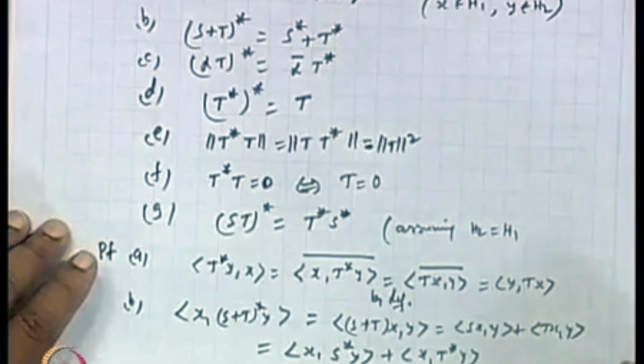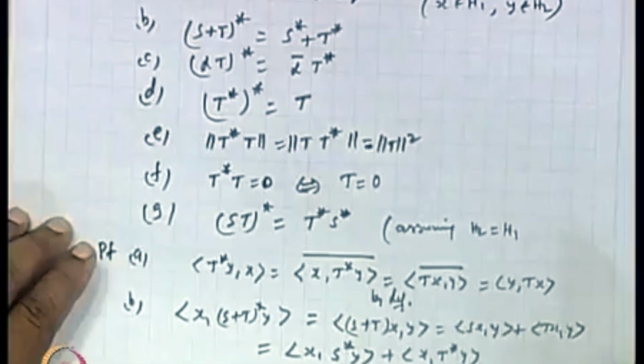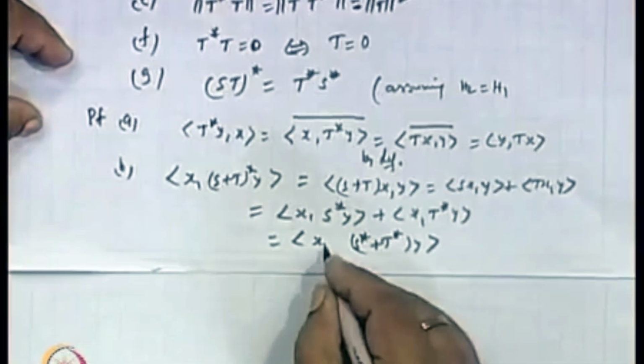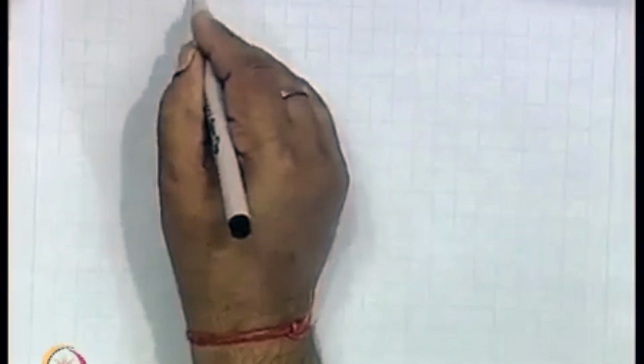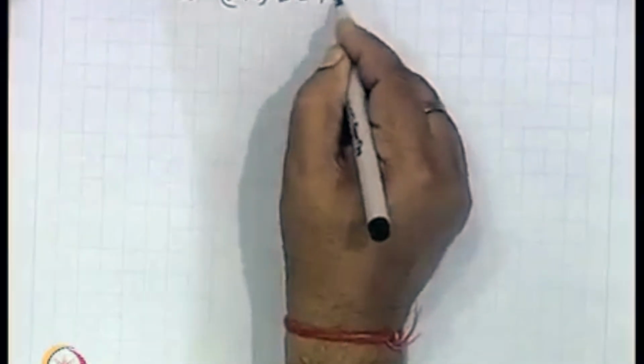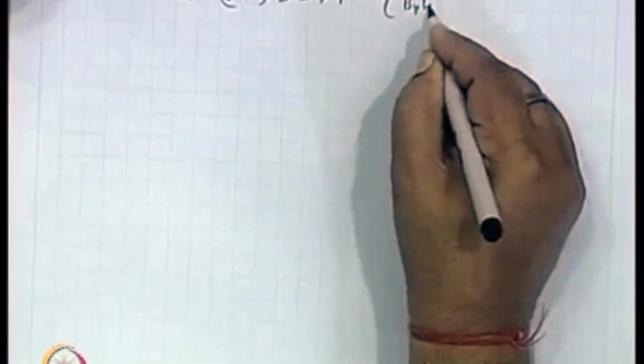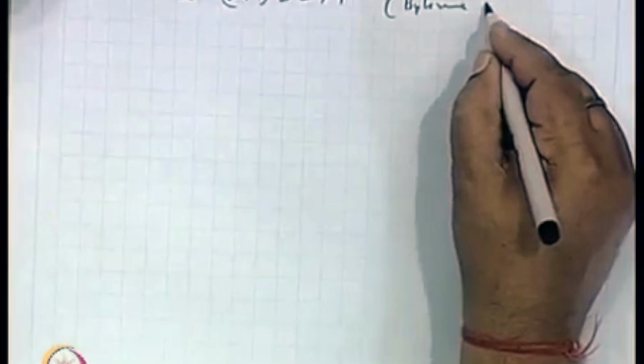Okay. Now this is equal to this. Can you say this product is equal to this? Sir, take them here, x comma. So can you say from here, Sir, that S plus T star is equal to S star plus T star, for all y? Yes, because by the lemma, first part.